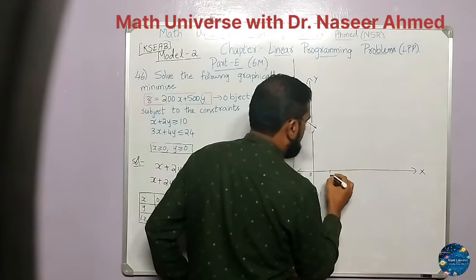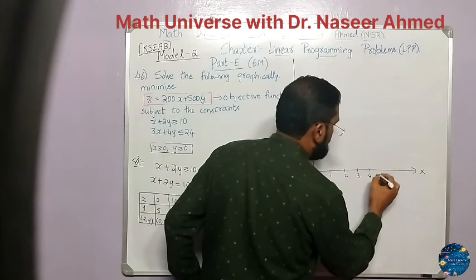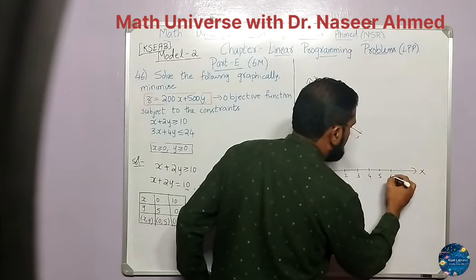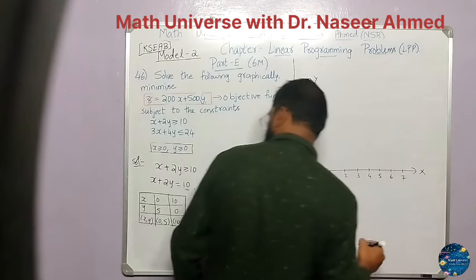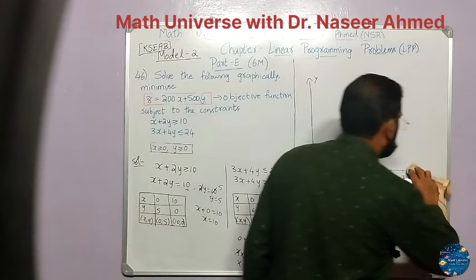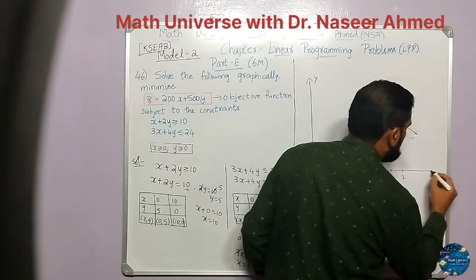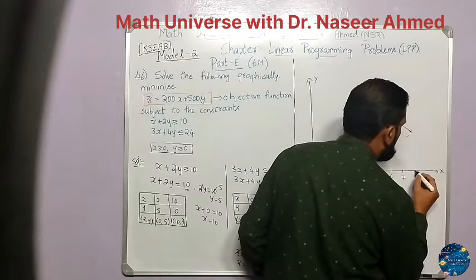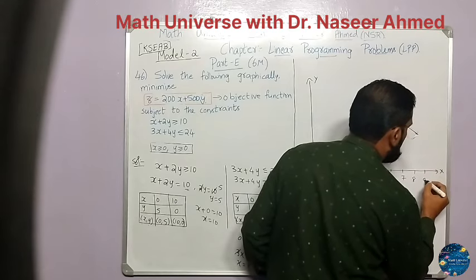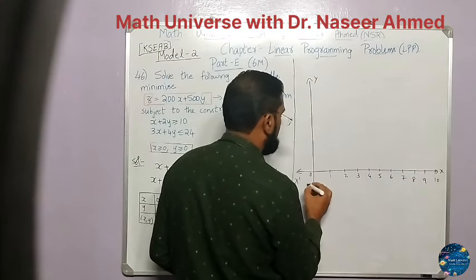So here let's say 1, then 2, 3, 4, 5, 6, 7. We want till 10. Let us extend the x-axis: 8, 9, 10, and we can have one more value, 11.